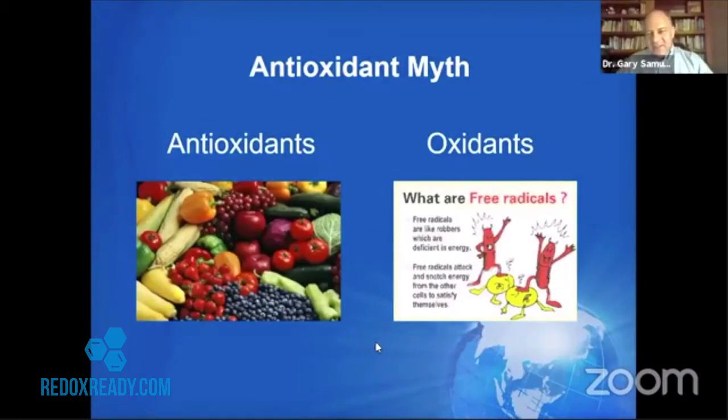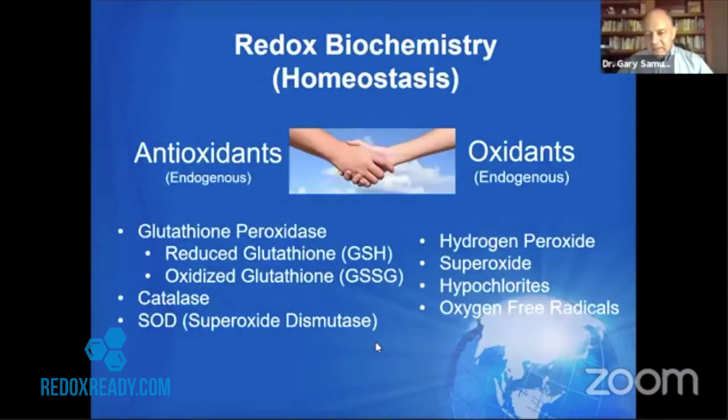The antioxidant myth is that oxidants are bad and antioxidants are good, and you can only get them from vegetables. That's not true. Both antioxidants and oxidants are produced inside your body and are necessary companions for the healthy working processes inside your body.